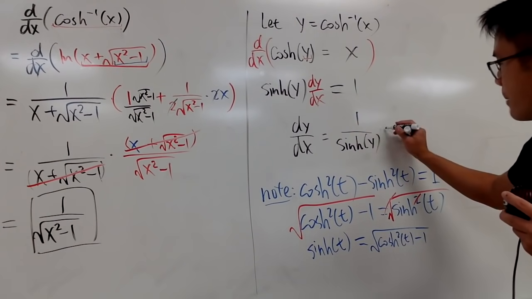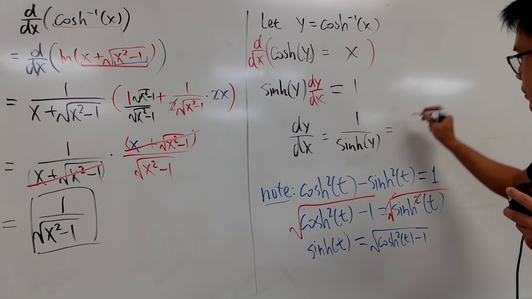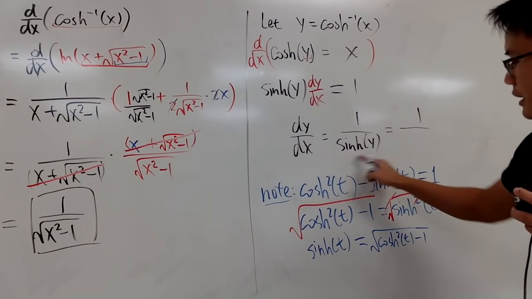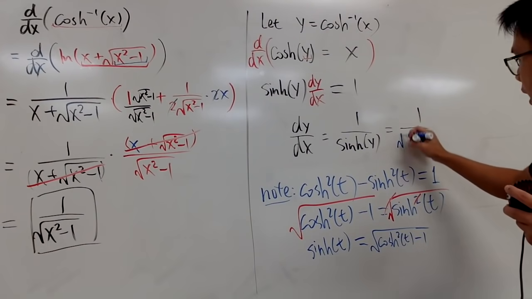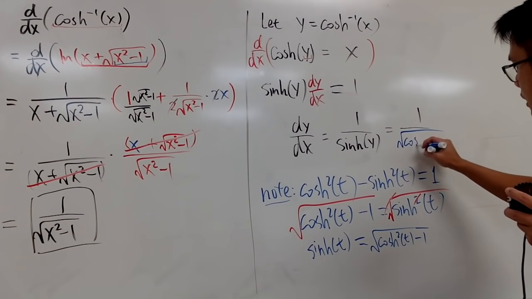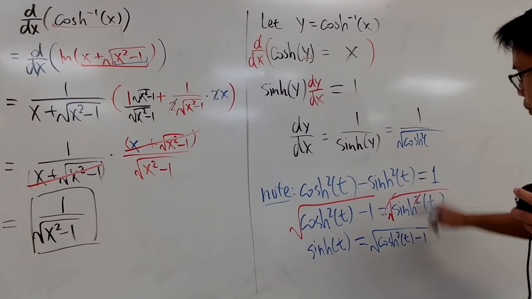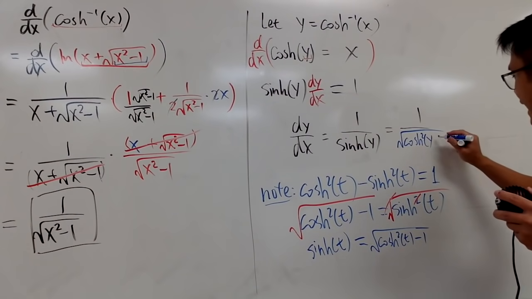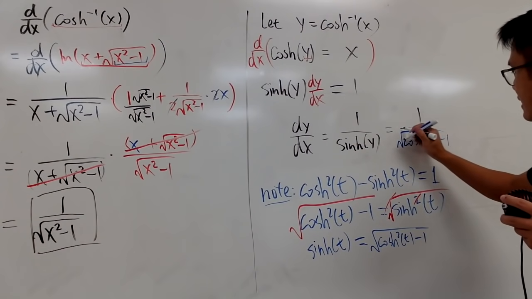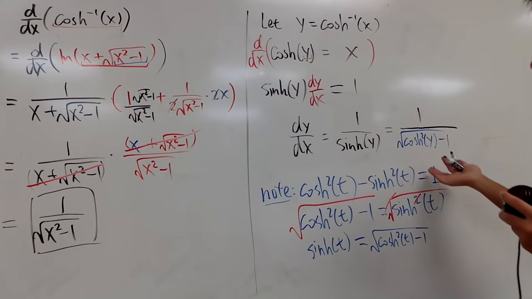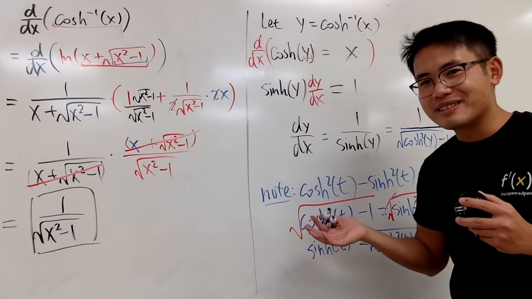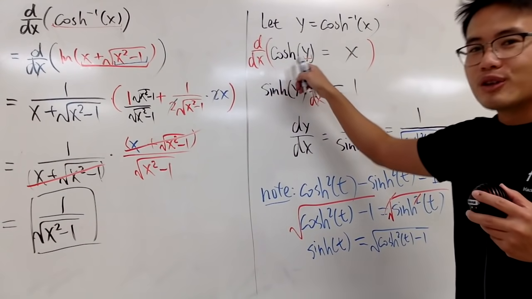Therefore, I'm going to come back here and change this to 1 over square root of cosh squared of the same input, so you have to put down y right here, and then minus 1. Well, where's x? x is cosh of y.